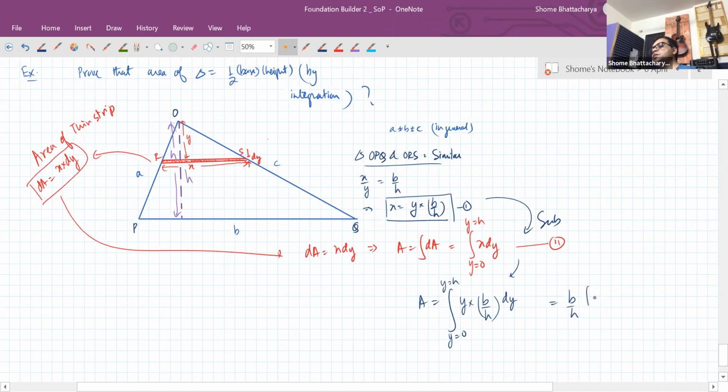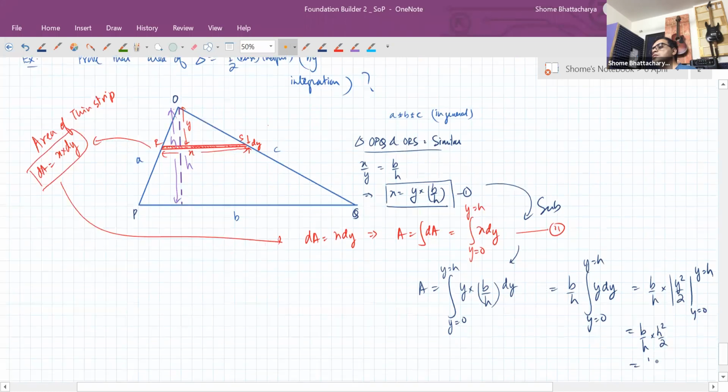So b by h comes outside, y dy integrated from 0 to h. So half base into height.